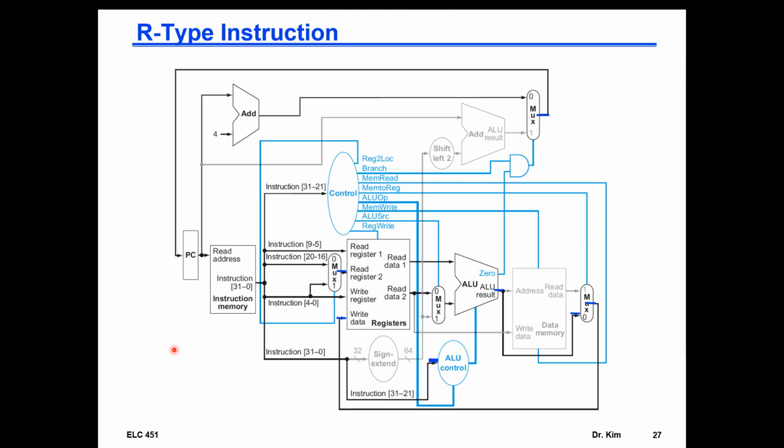And we said that an R-type instruction from a launching register to a capturing register perspective, the launching register is the program counter. That's where everything starts. And the capturing register is going to be the register file, the register that we're going to write. So here we go.